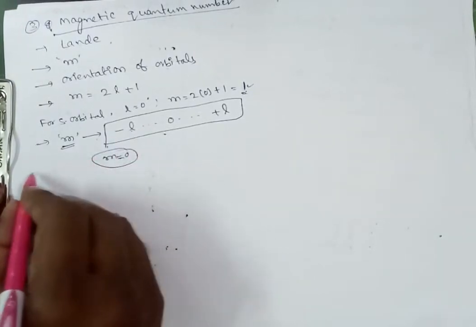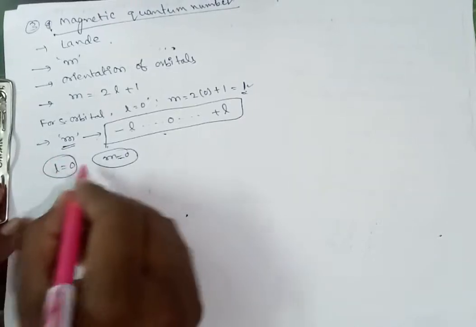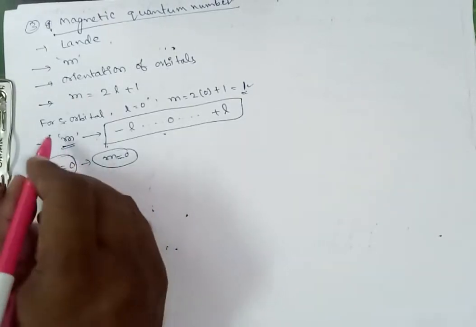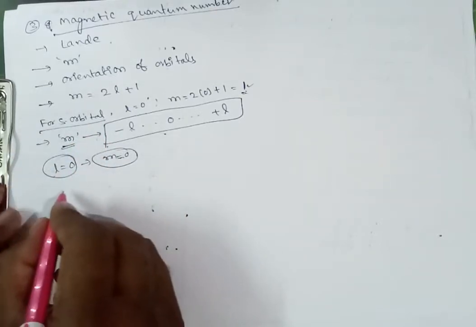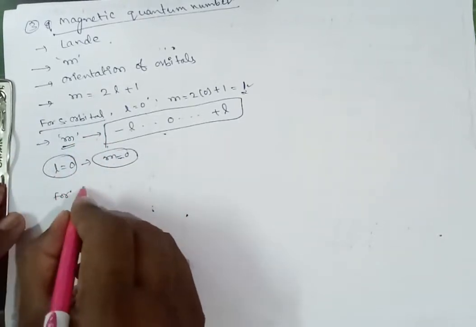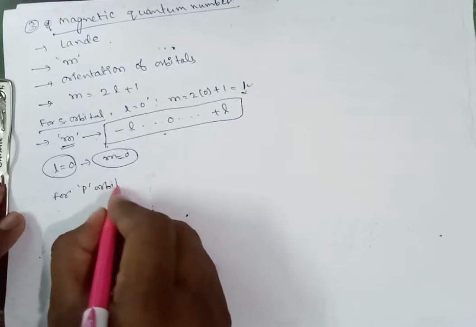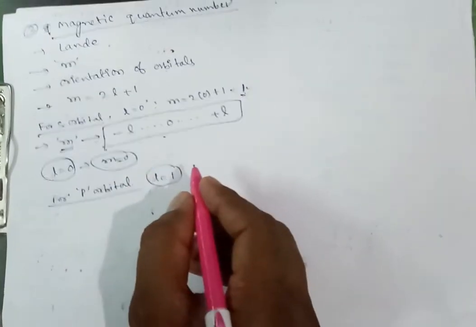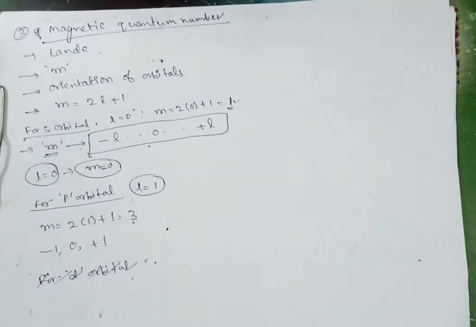That's why we say when l equals 0, m is also 0. We can calculate for p orbital also. For p orbital, the l value is 1. For p orbital there are 3 values: minus 1, 0 and plus 1.